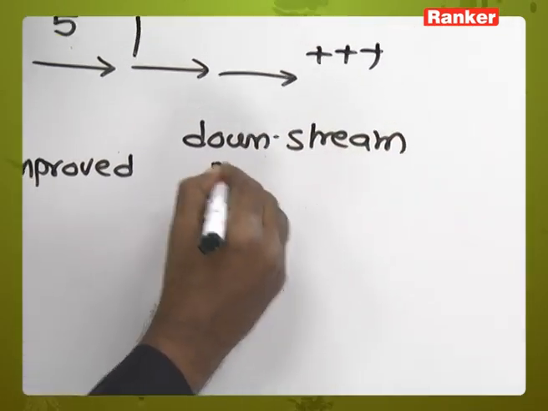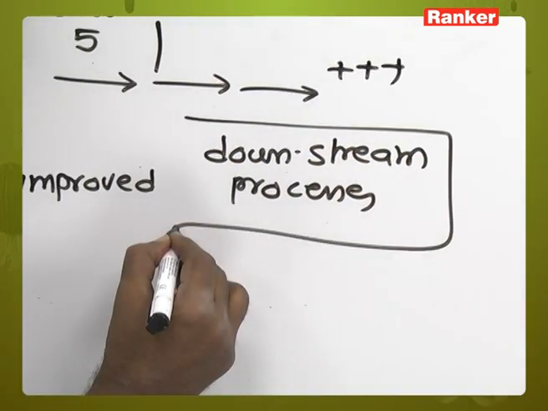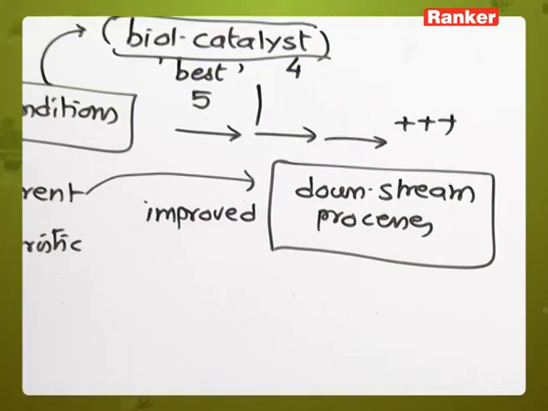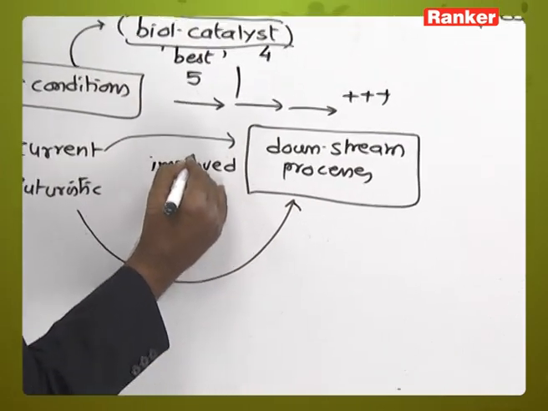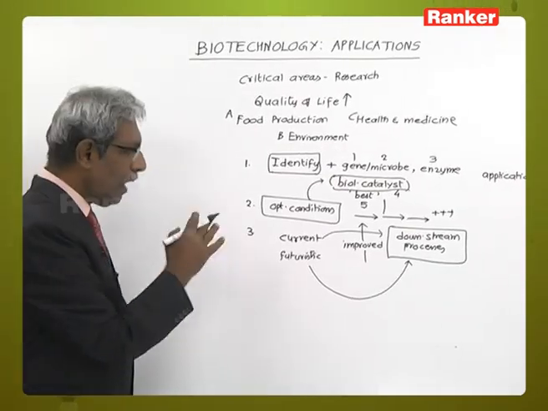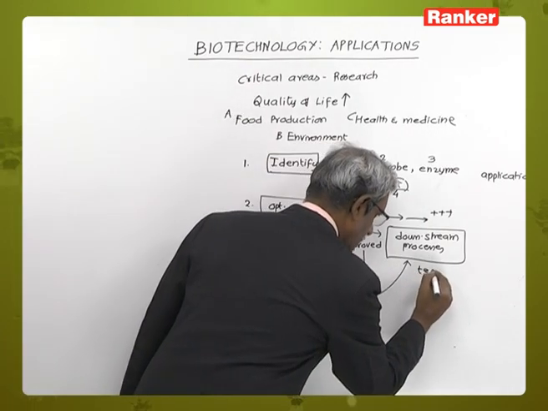The downstream processes in biotechnology. We are looking at downstream processes. We are asking what is presently available, what could be available in the future, and how do we improve these downstream processes.